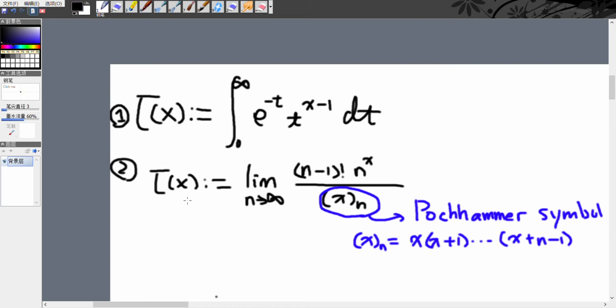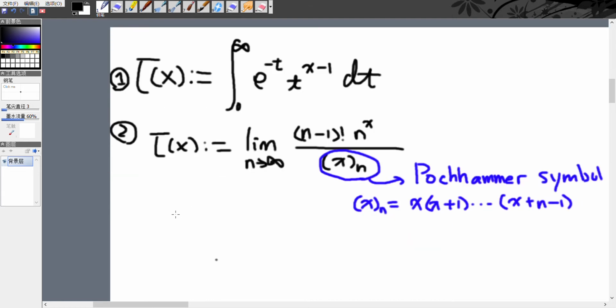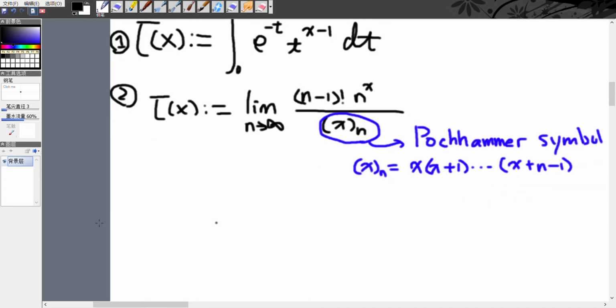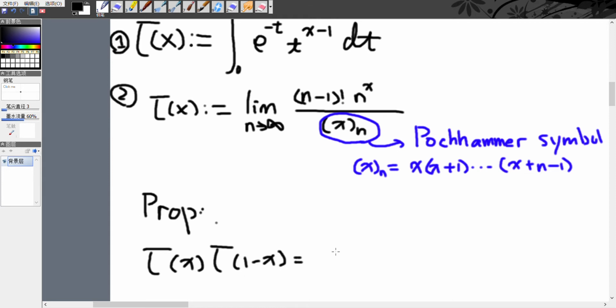So how do we use the gamma function to solve the Gaussian integral within 10 seconds? Next, we need another proposition from the gamma function. The proposition is that gamma x times gamma 1 minus x equals pi over sine pi x.